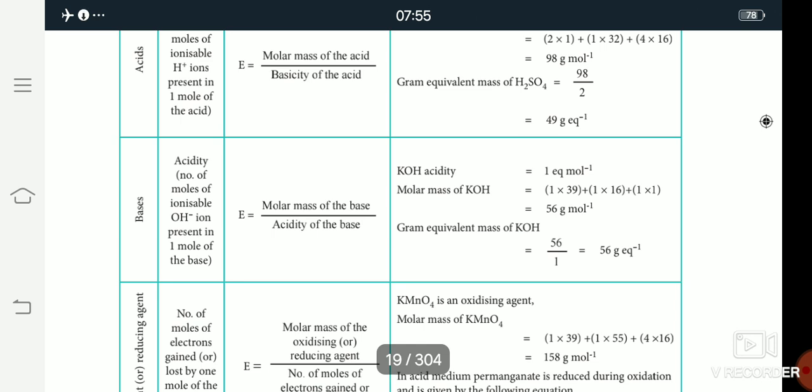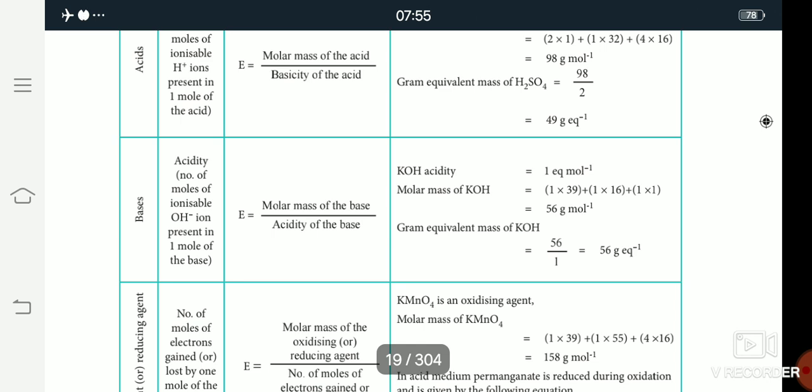One example of a base is KOH, potassium hydroxide. The number of replaceable hydroxide ions is 1, so KOH acidity is equal to 1 equivalent mole minus 1. The number of replaceable OH groups is only 1.